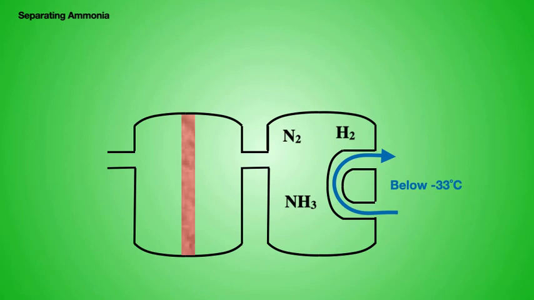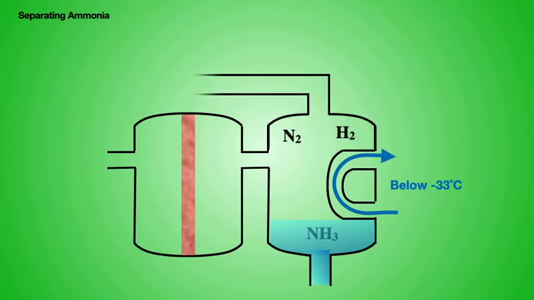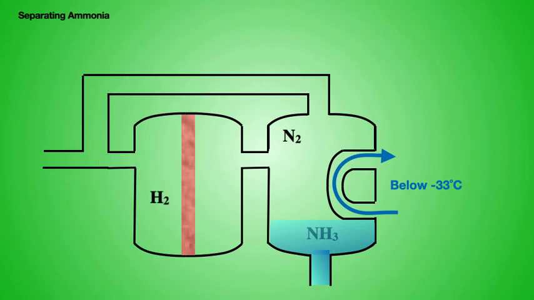So if you cool the ammonia down below minus 33, it will condense to form a liquid. And that can just be tapped off. And that's the ammonia. You've now got the ammonia you wanted. What are you going to do then with that nitrogen and hydrogen that seems to be building up in the tank at the top there? Well, we put a wee tube in like that, and we pump the hydrogen and the nitrogen back to where they started. In other words, we recycle them.